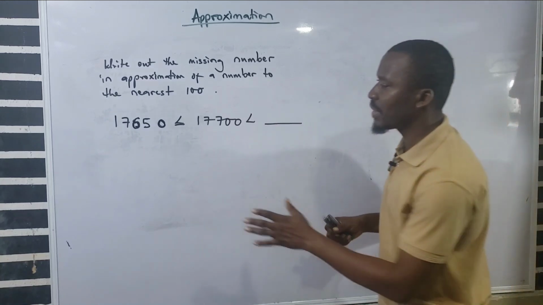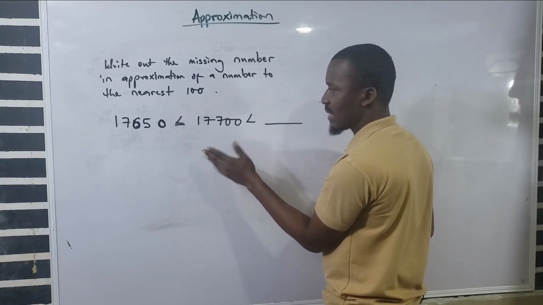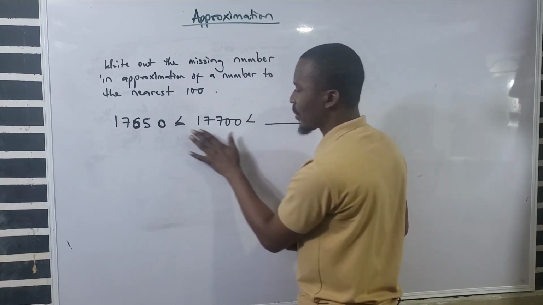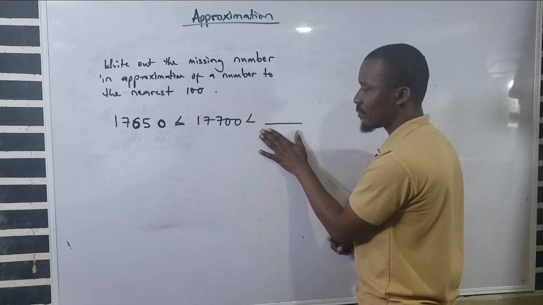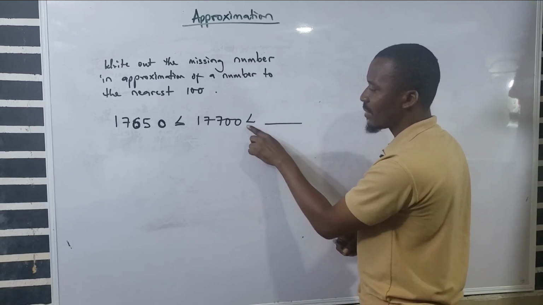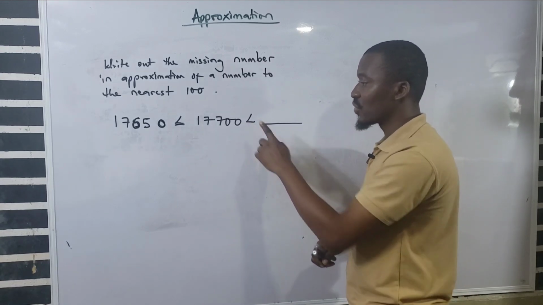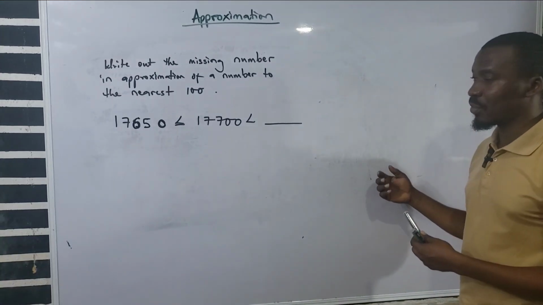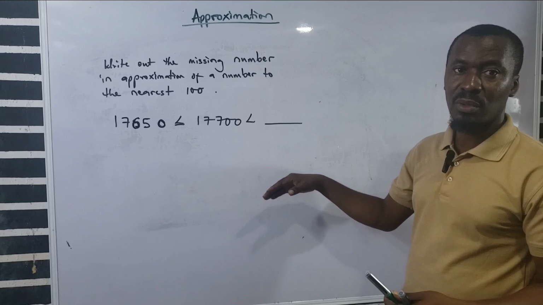Now this number is less than or equal to this. So when you approximate this number, you are going to get this. Then what number will be here? Remember, there is a strict inequality here. It's not like there's less than or equal to, like in the previous example, where we showed what normally happens when we have less than or equal to.